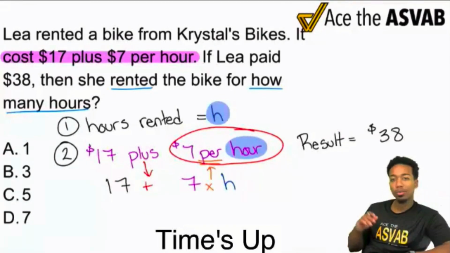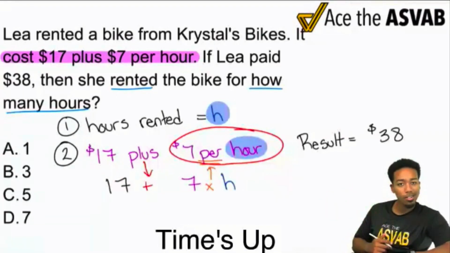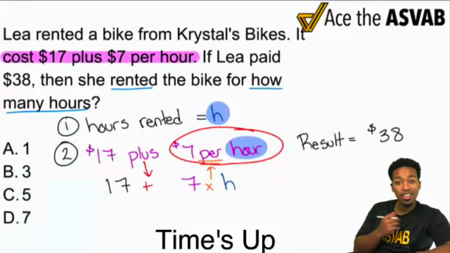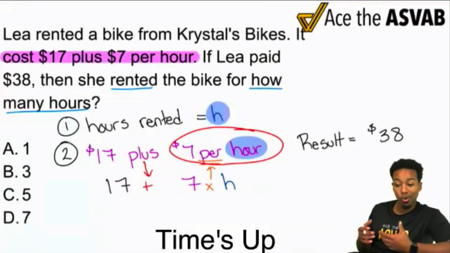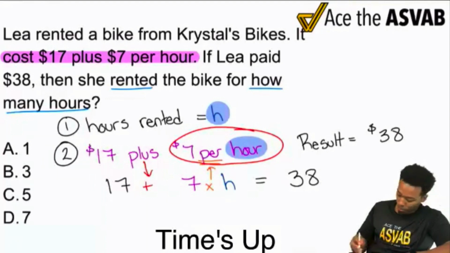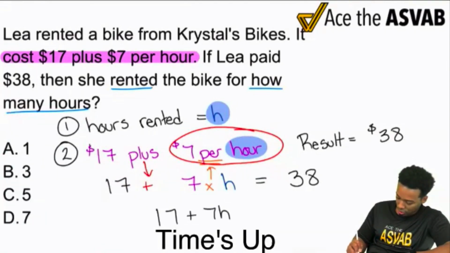And everybody, once we add up all the costs, what was the result? The 38. Once we add everything up, the total result was, oh, we paid 38 bucks. And so that's how we get 17 plus 7h equals 38.